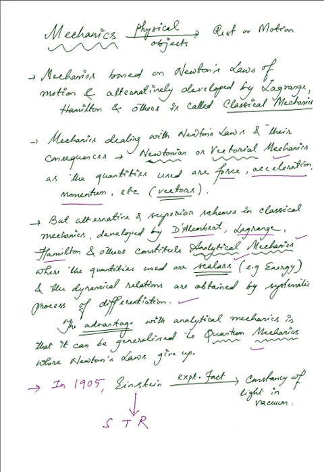Now, the relativistic mechanics of Einstein yields the result of Newtonian mechanics at relatively low speeds. So this special theory, at very low speeds, changes to the case of Newtonian mechanics.